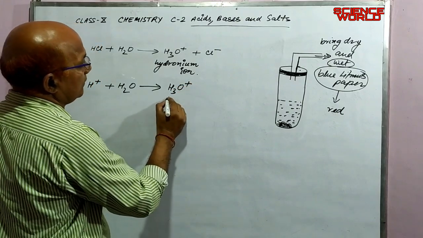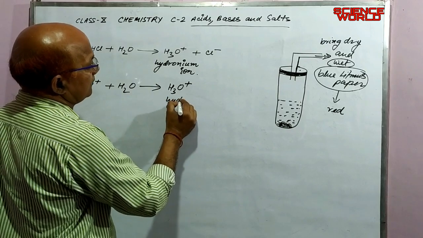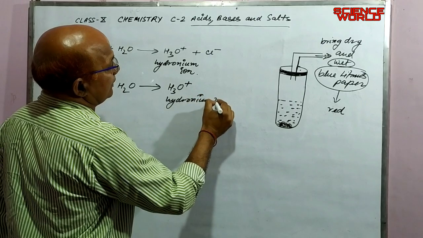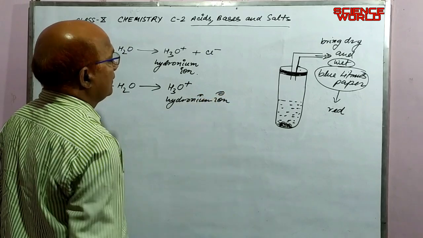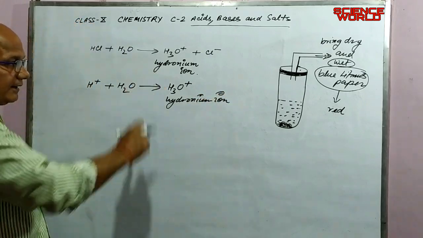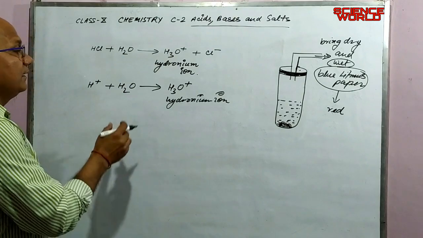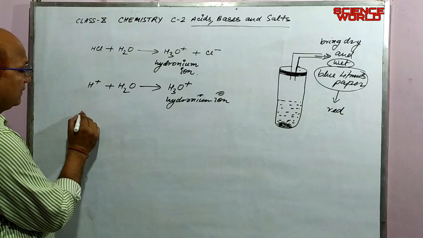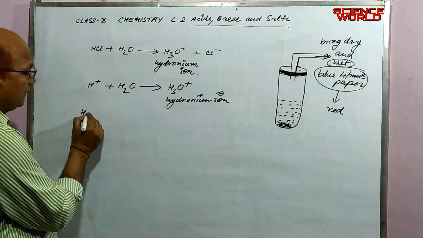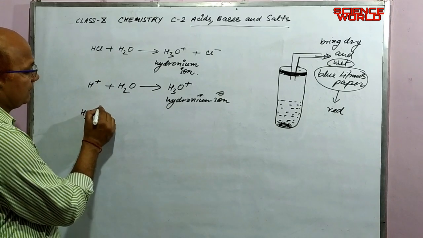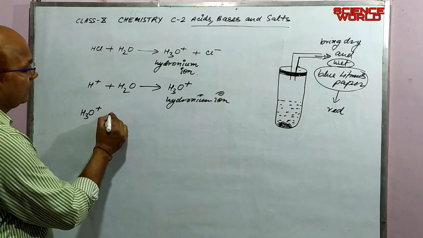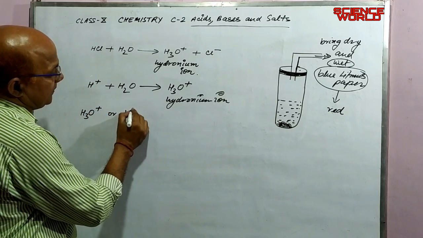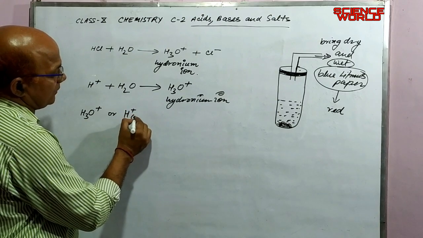So, this is hydronium ion, but in real practice, in chemical reactions, we can write H3O plus, this is hydronium ion, or we can write H plus (aq).